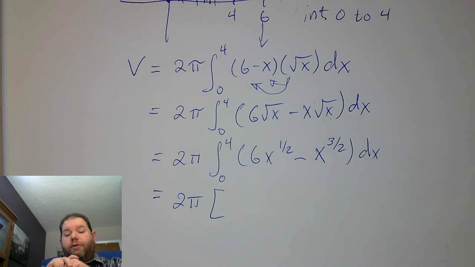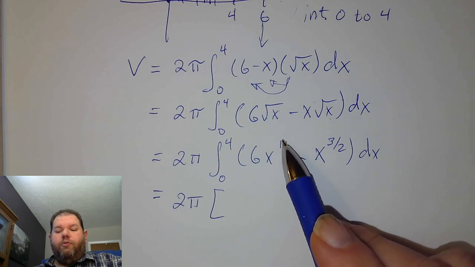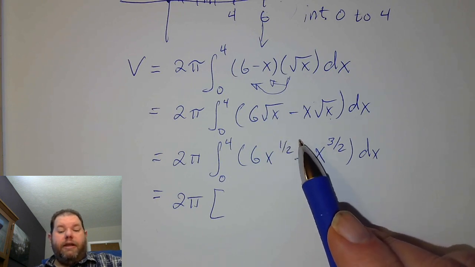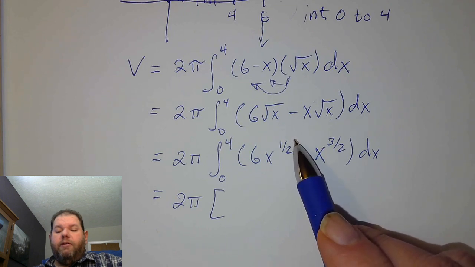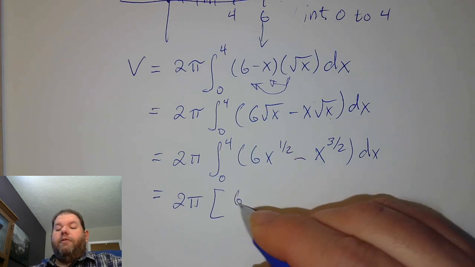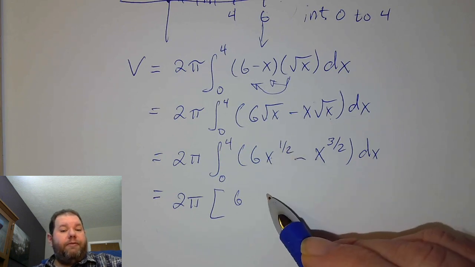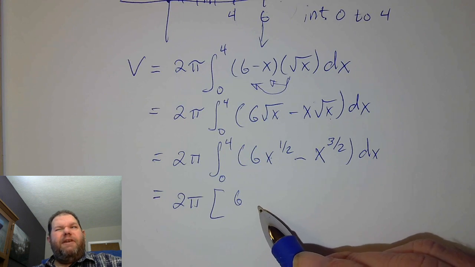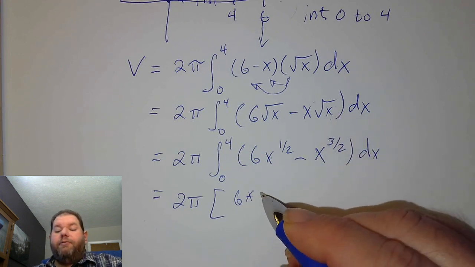Now 6x to the 1/2, we want to go ahead and integrate that. So again, we start by adding 1 to the exponent. 1/2 plus 1 makes it 3/2. And then we have x to the 3/2, and we divide by 3/2. But again, rather than dividing by 3/2, let's multiply by its reciprocal.